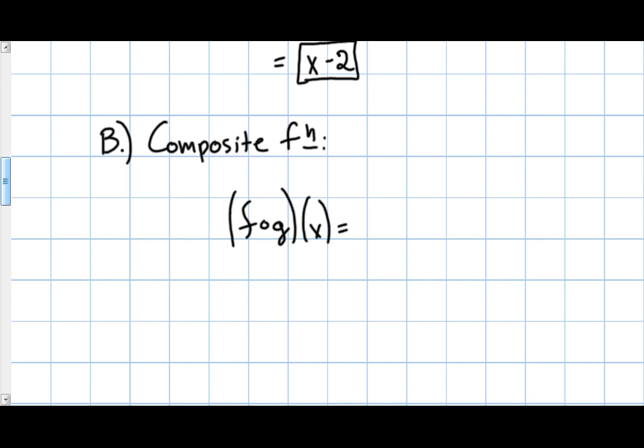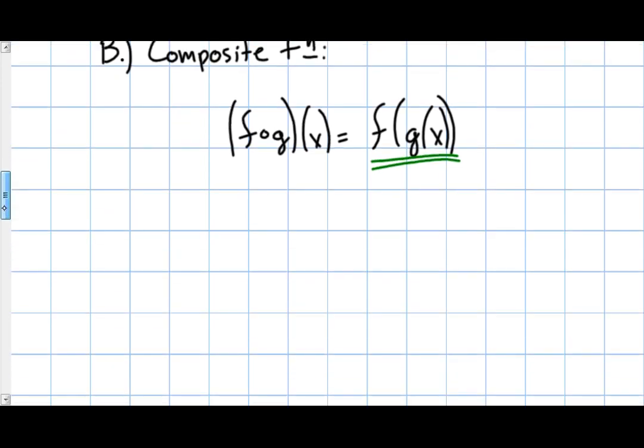F, and then it looks like an O, but it's not, F of G, or you can also write it as F of G of X. Personally, I like to write it this way because it really gets a little bit more to the essence of what we're doing.